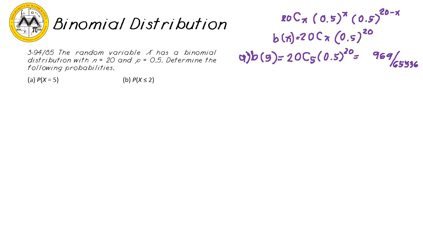For the probability of x less than or equal to 2, that is the sum of the binomial of x where x is from 0 to 2. So that is the binomial of 0 plus the binomial of 1 plus the binomial of 2.